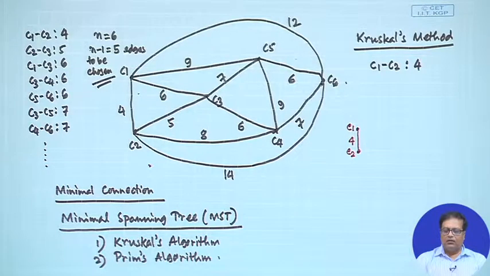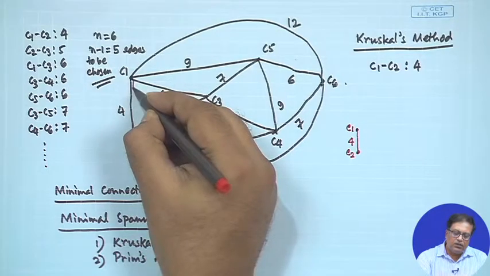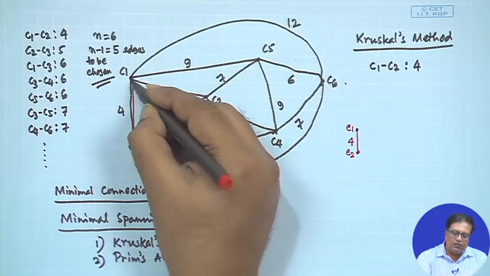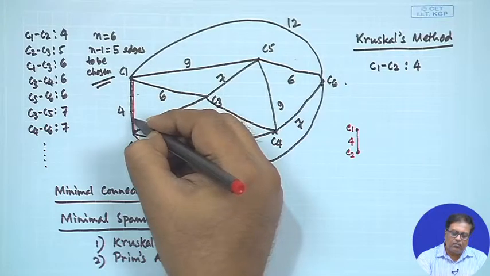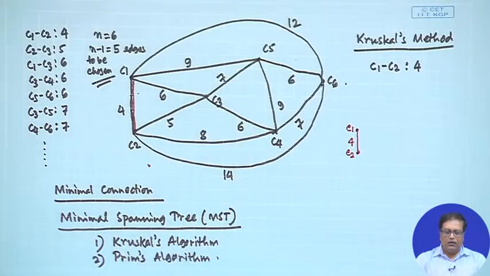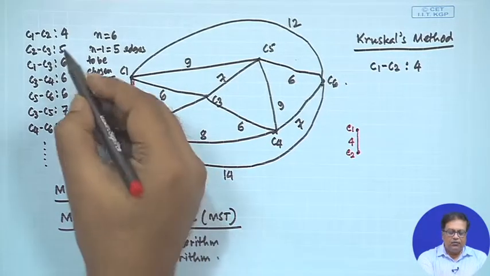Already chosen, C1, C2, 4. We can also mention it here, that this is already chosen, right.